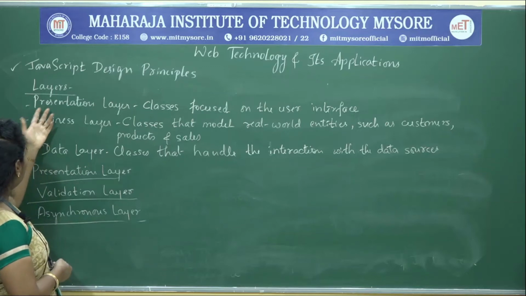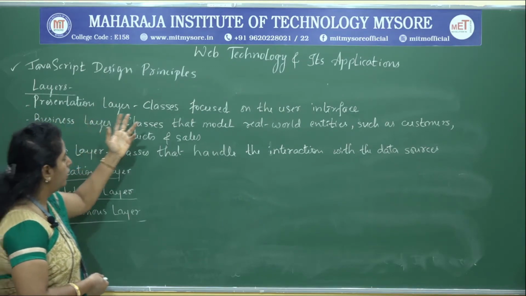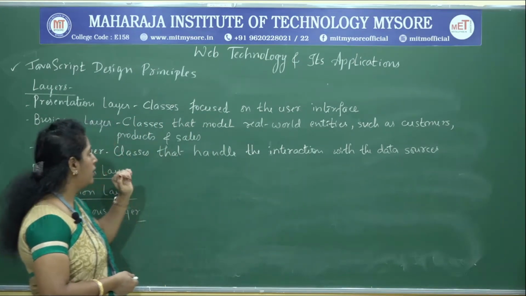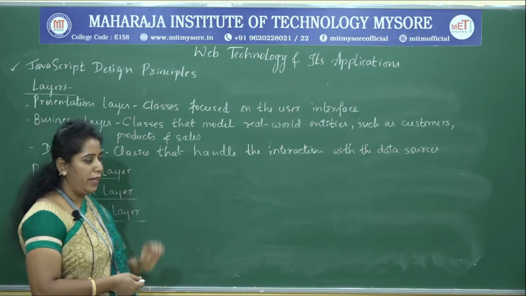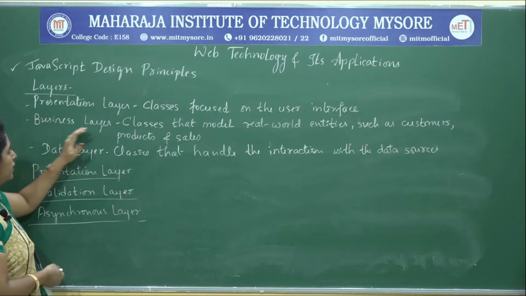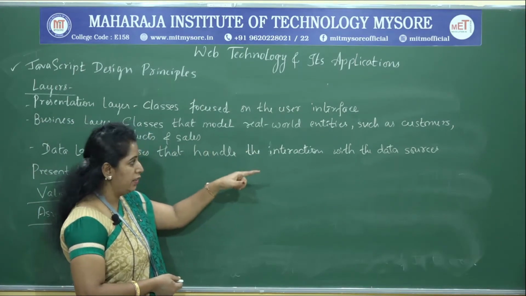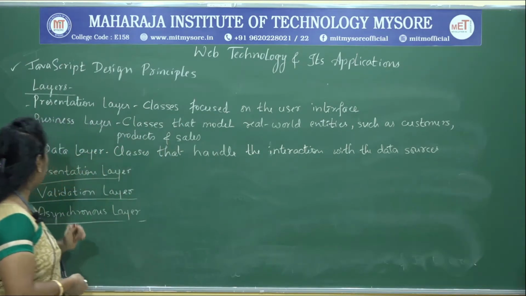There are three types of layers. Presentation layer, whose classes are focused on the user interface. In the sense, it is used for the purpose of the user end. Business layer, classes that model real world entities such as customers, products and sales.